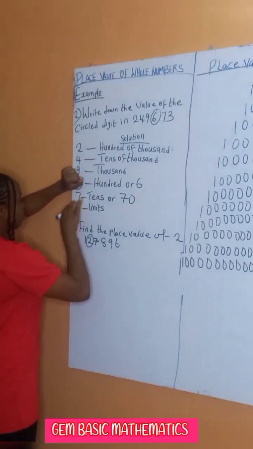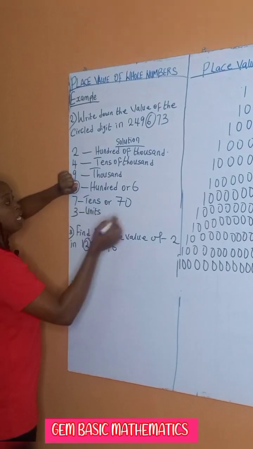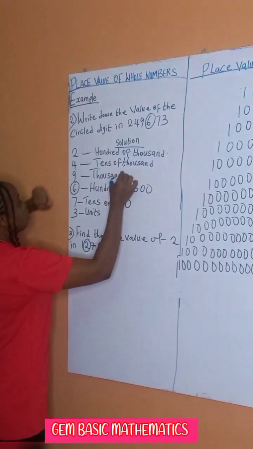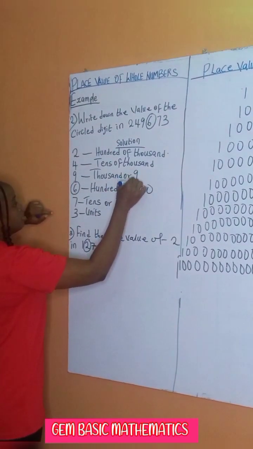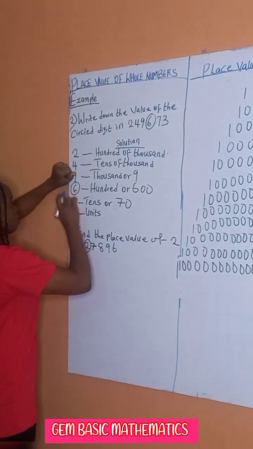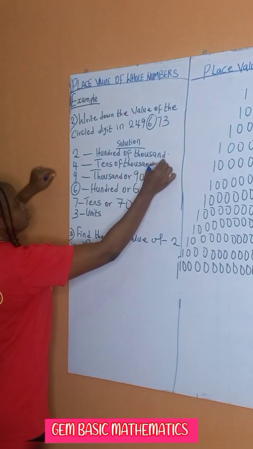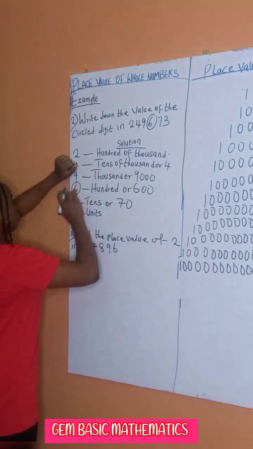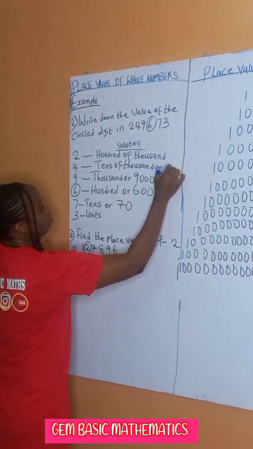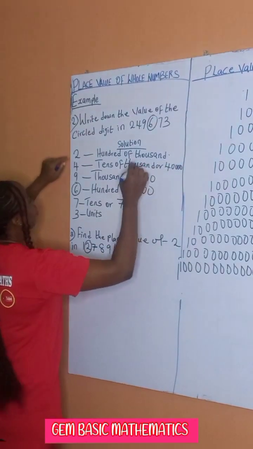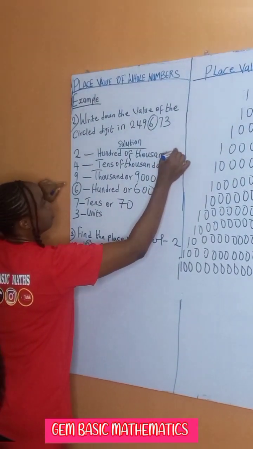Cover it and count the numbers: 1, 2. You have 2 numbers here, so we assume that they are 0. This is 9. Once you write 9, cover it and count 1, 2, 3. This is 4. Cover it and count 1, 2, 3, 4. Write 2.